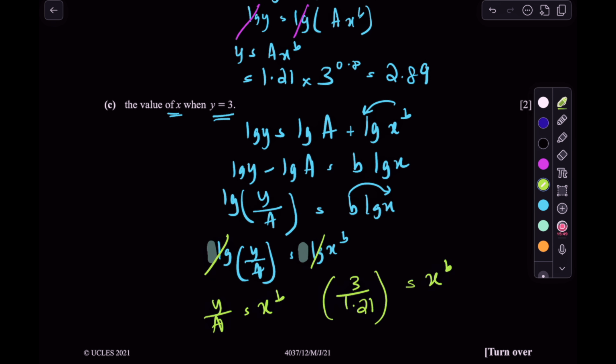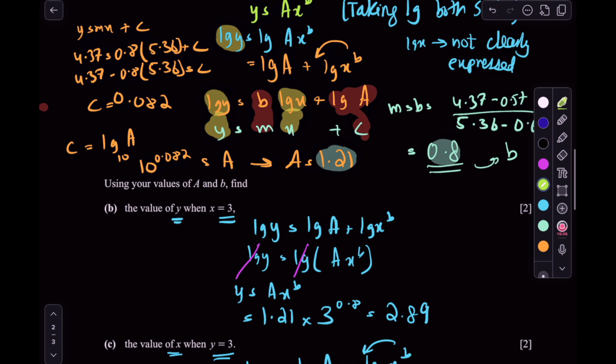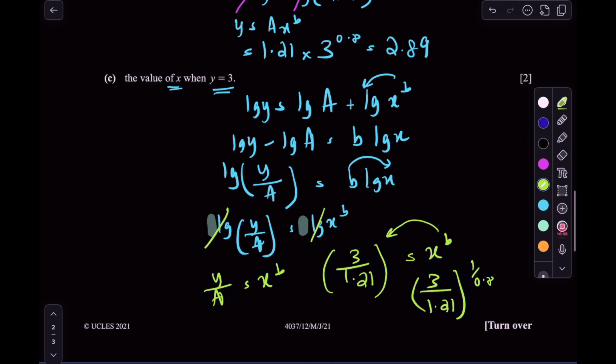If you have ever studied indices, which I really hope you have, when the power goes to the other side, it becomes the reciprocal power. So it becomes 3 upon 1.21 to the power of 1 upon 0.8, because b was equal to 0.8, so it basically becomes 1 upon b, which is 1 upon 0.8. And so my final answer comes out to be 3.14.